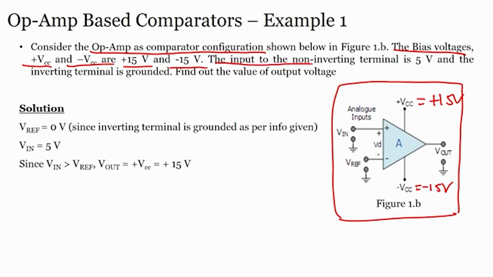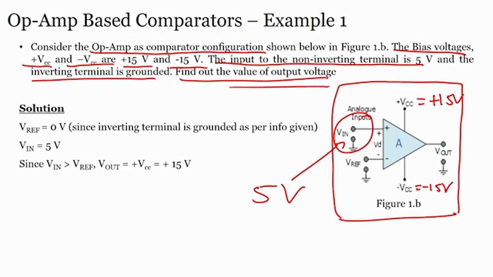The input to the non inverting terminal is 5 volts, and the inverting terminal is grounded. Find out the value of the output voltage.